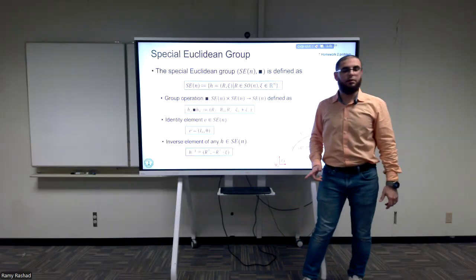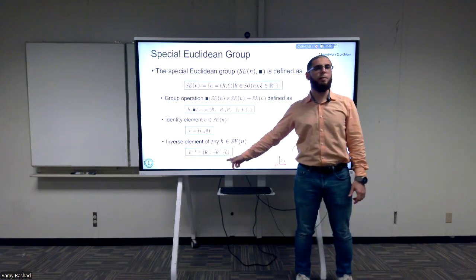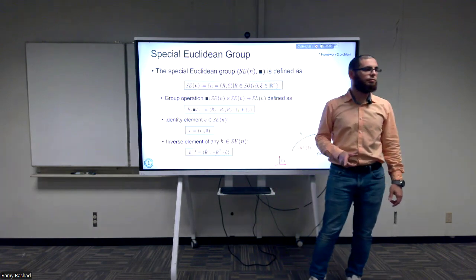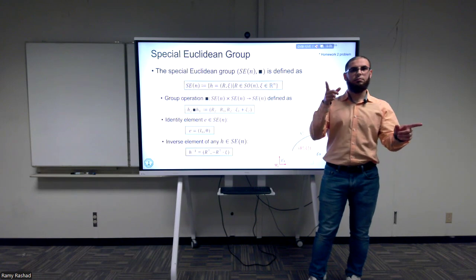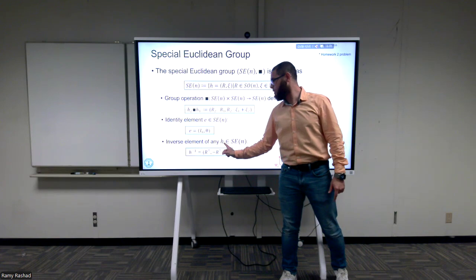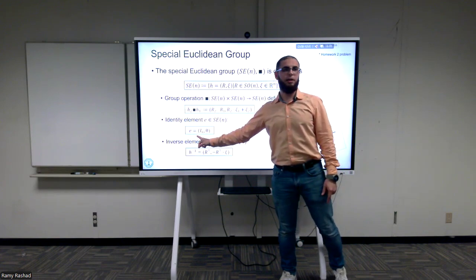The inverse element. How do we define the inverse element? Does anyone remember? If I give you any H, how do you define its inverse? Exactly. When I take the group operation of this element with H, they have to yield what? The result has to be the identity element.